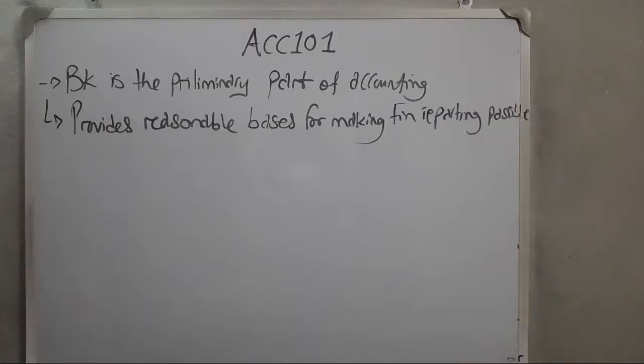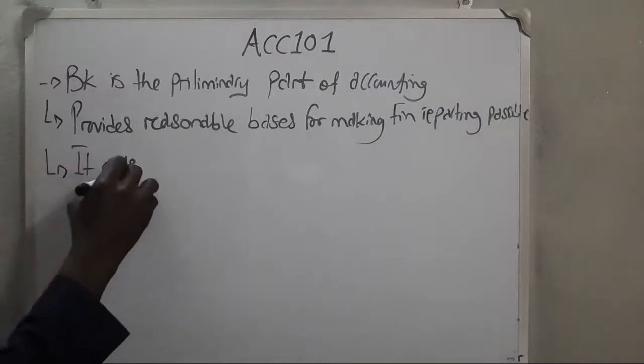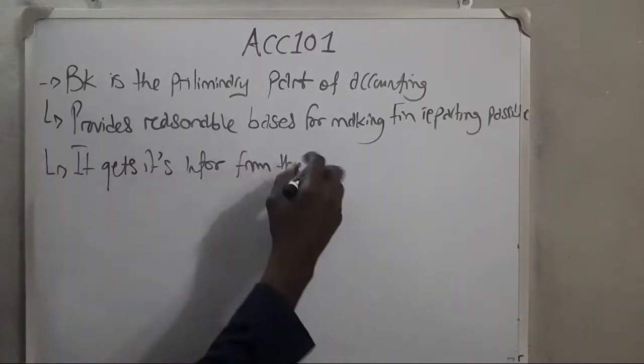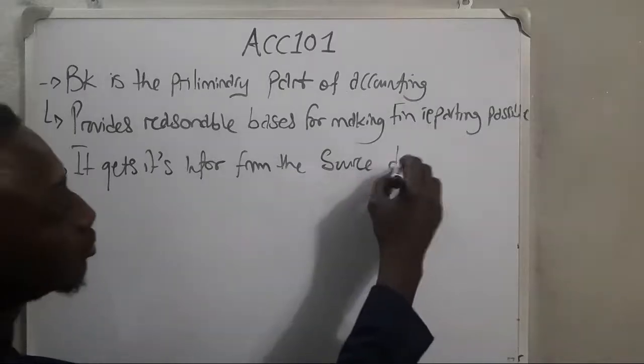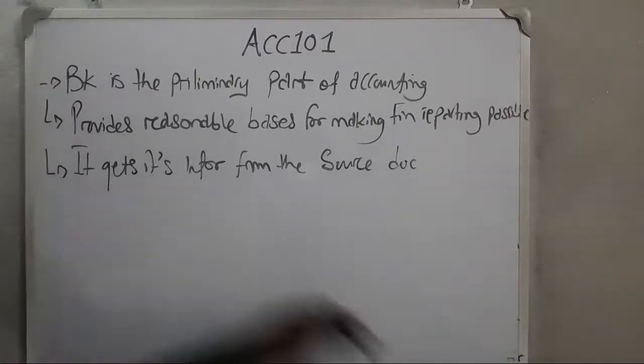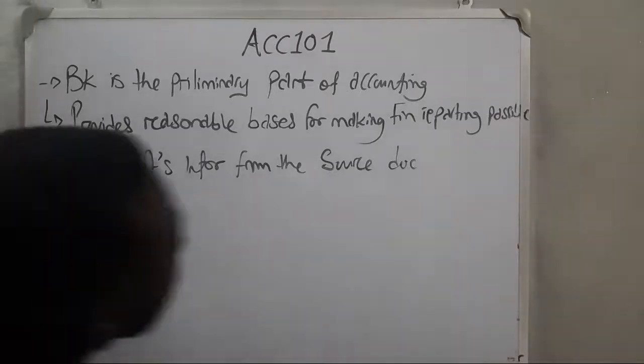Then you continue, you take it from the source document, then you process it, or you extract it, into books of account, and you do the needful. Now let's underline the word source document.